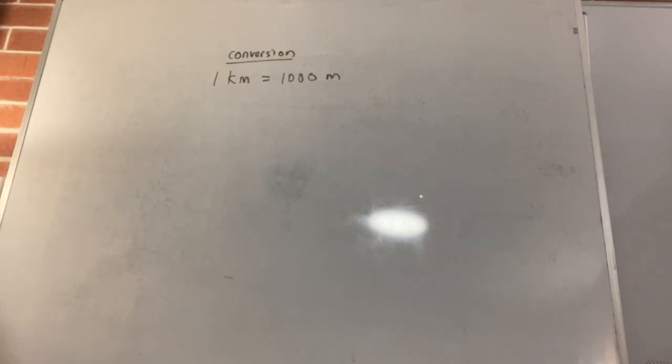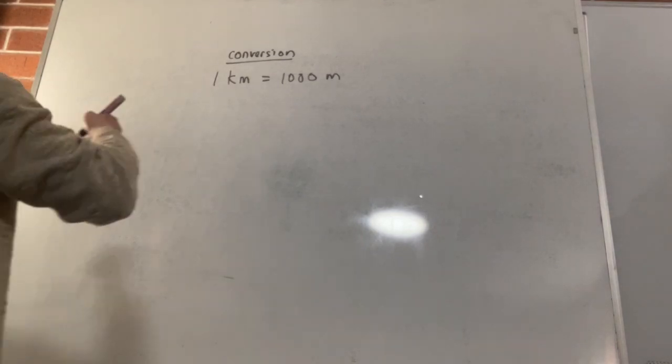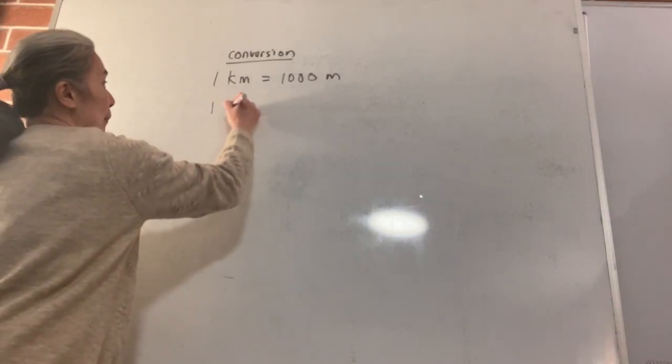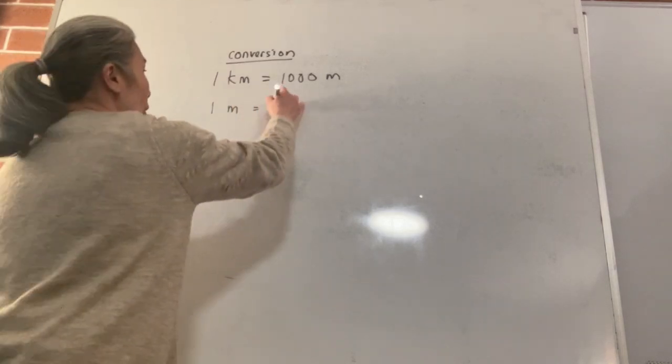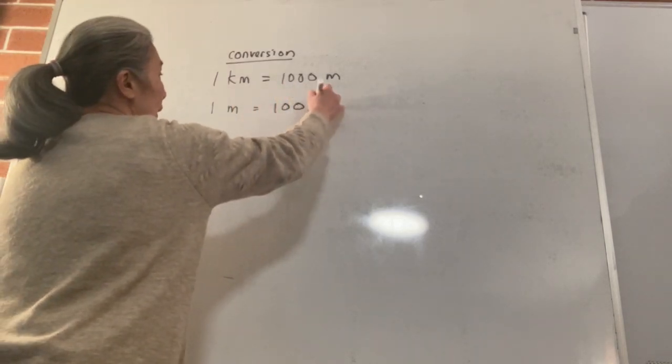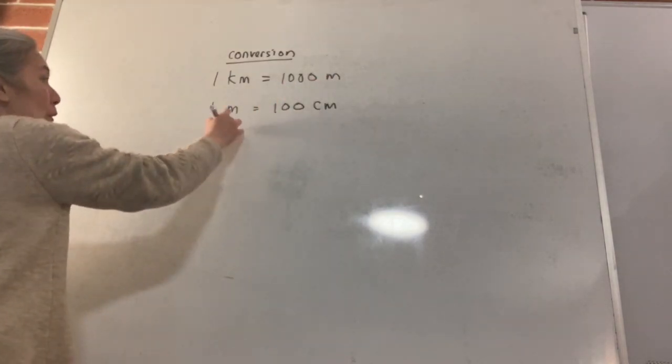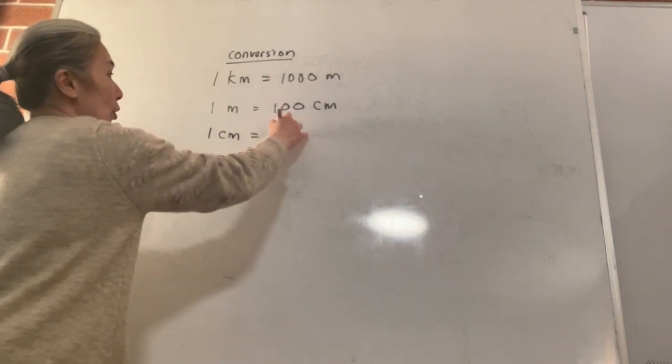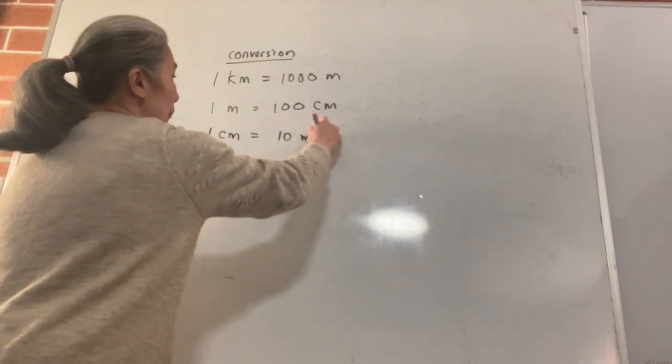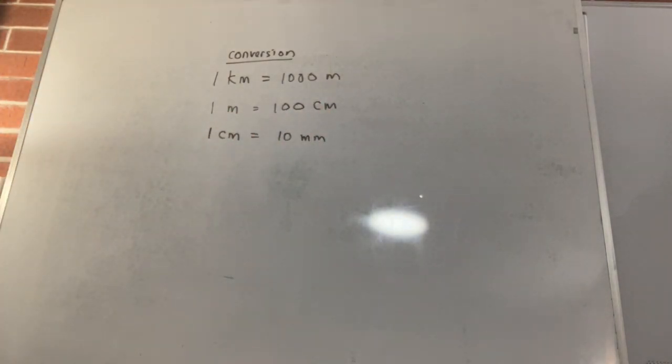That's the first unit you need to know. 1 kilometer equal to 1,000 meter. And then 1 meter equal to 100 centimeter. And 1 centimeter equal to 10 millimeter. Yes, that's what we are using at the moment.